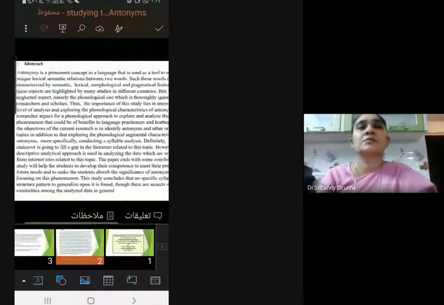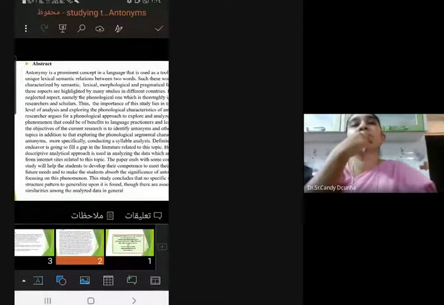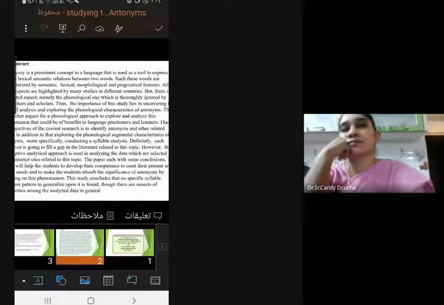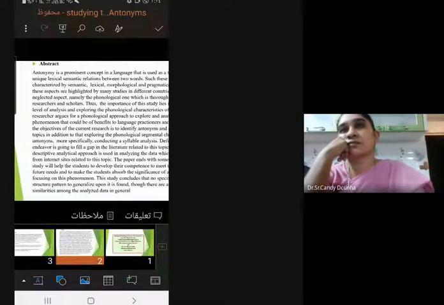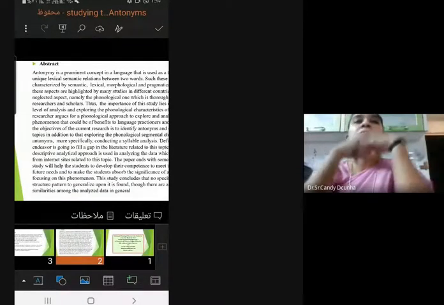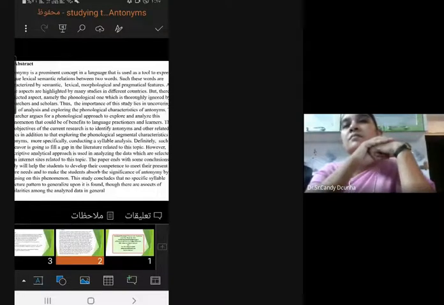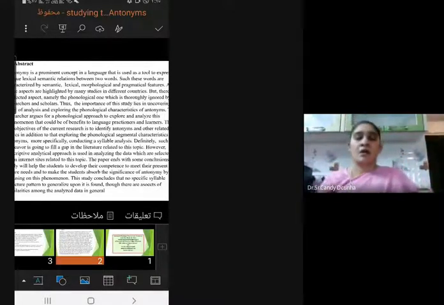The paper ends with some conclusions, and also future needs to make students absorb this significant phenomenon by focusing on this important subject in phonology. Here the conclusion is not very clear.